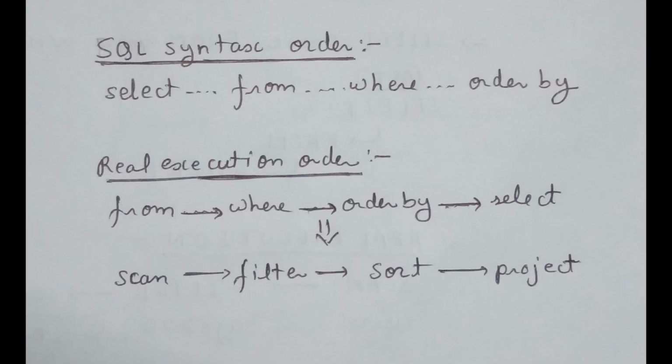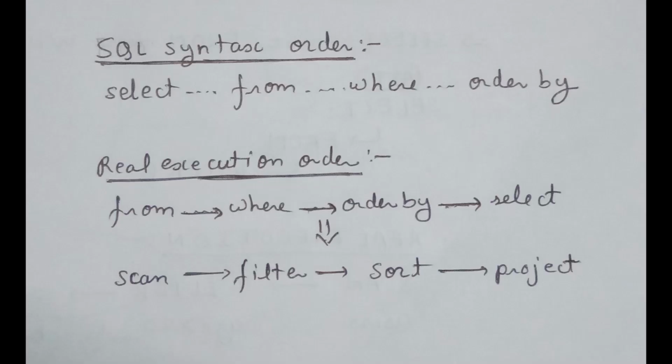And SQL syntax order here is a little bit of an analogy of how it is going to work. So any normal SQL syntax looks in this format: select, from, where, order by, and we have some operations or tasks filled in between, right? So real execution order, how it looks like: from, first we will go to the from clause, then where, then order by, and then select.